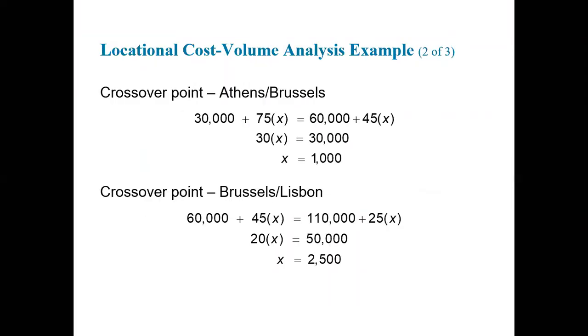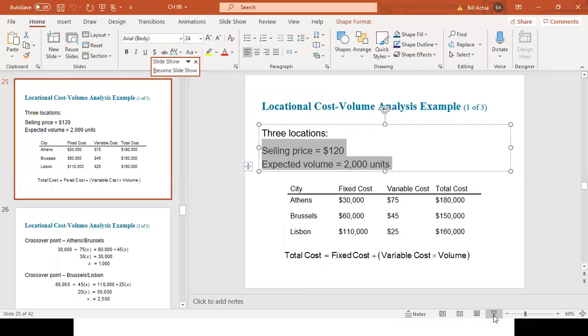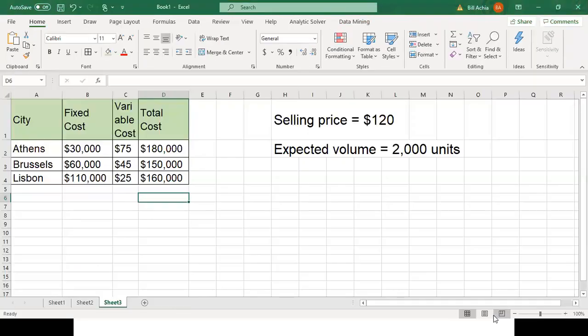Now we're trying to figure out what we call our crossover point, because we're not just interested in knowing which location has the lowest possible total cost.